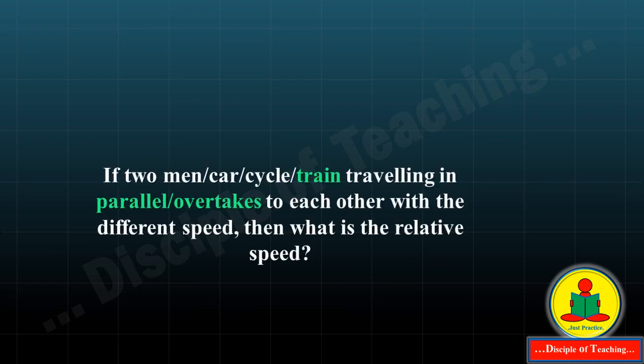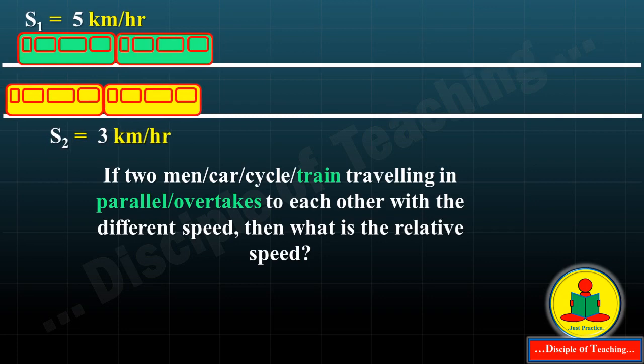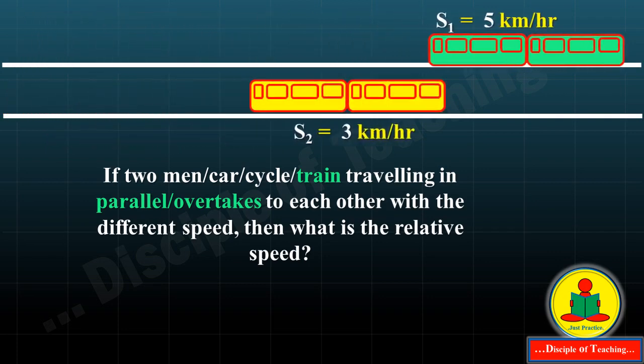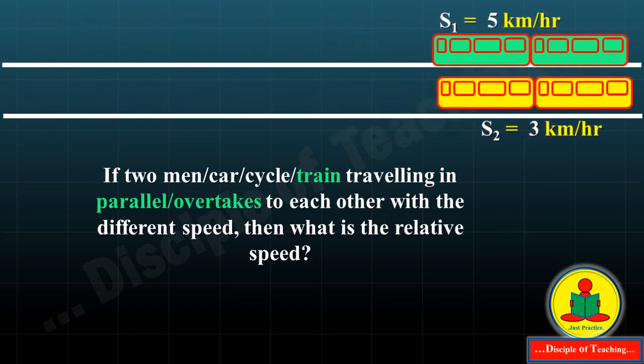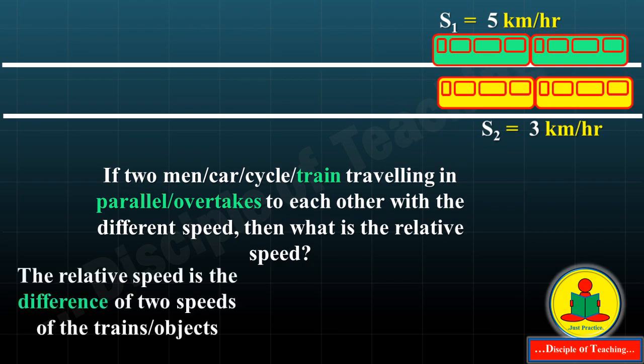Now, if two trains are traveling parallel or overtaking each other with different speeds, then what is the relative speed? Here the relative speed is the difference of the two speeds of the trains, which means SR is equal to S1 minus S2, which gives 5 minus 3 is equal to 2 km per hour.